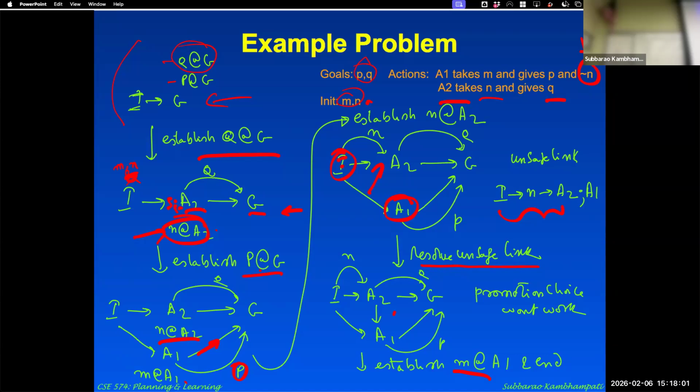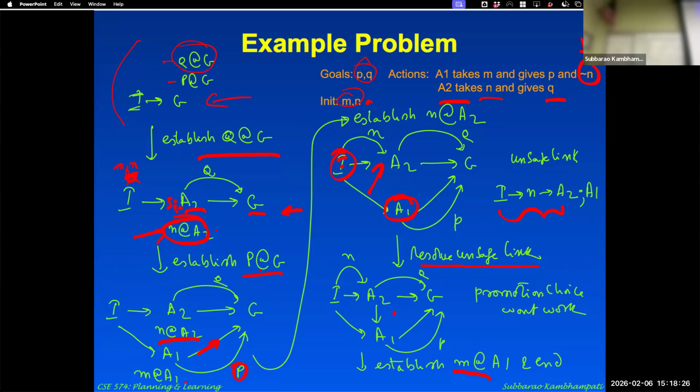To do Q at S infinity, I should consider simple establishment and step addition. Simple establishment means there should be some step here that already has Q as its effect. There is no such step. Step addition means there should be some step with an effect that gives Q that I want to wholesale import.